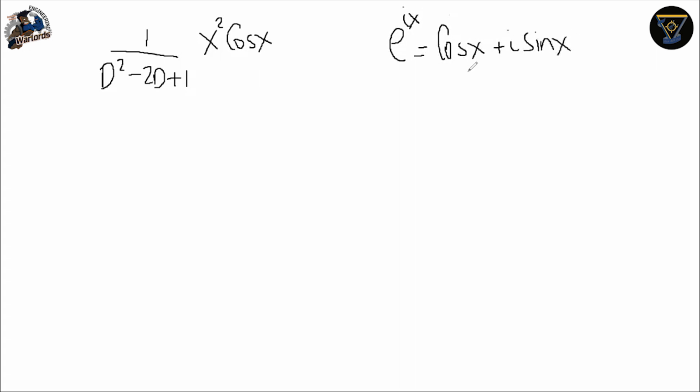So what we're saying is that cos x is the real part and i sin x is the imaginary part because we have an i here. So sin x is imaginary while cos x is the real part, right?